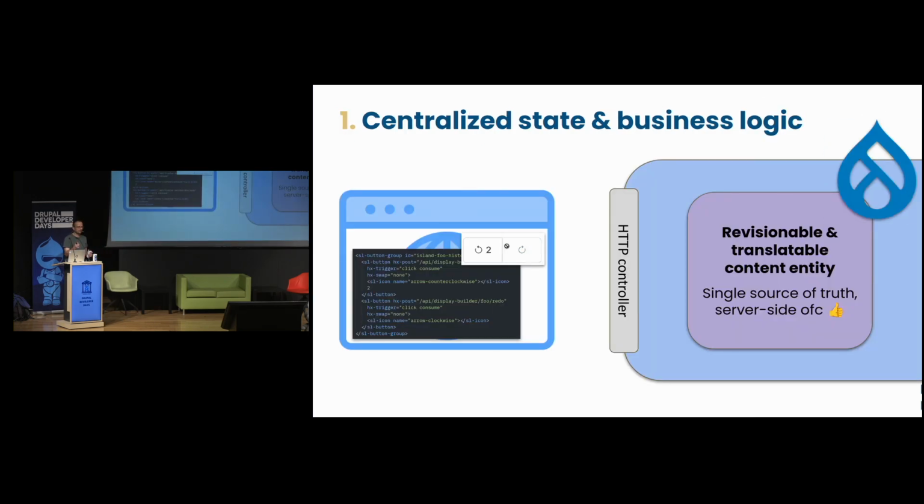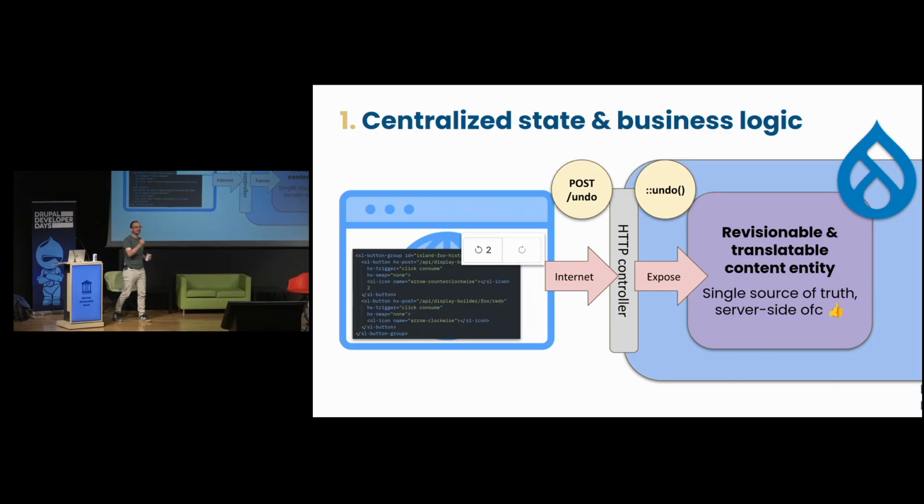Now, the HTTP request can be sent by the browser. It's received in Drupal, and we decided to alter a content entity. Revisionable, that's why we have all the revision logic. You can undo, redo, it's very cool. And translatable, that's why we are able to do asymmetric, symmetric translation, everything.